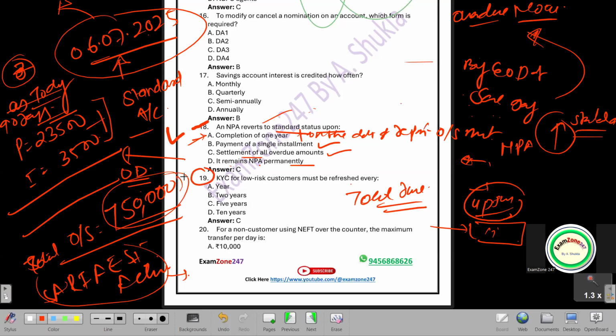See, this question is also not correct. KYC for a low risk customer is refreshed every how many years? Low risk, medium risk, and high risk.